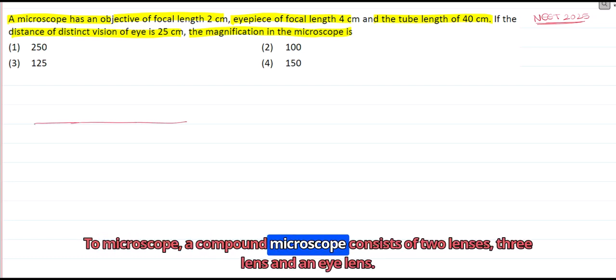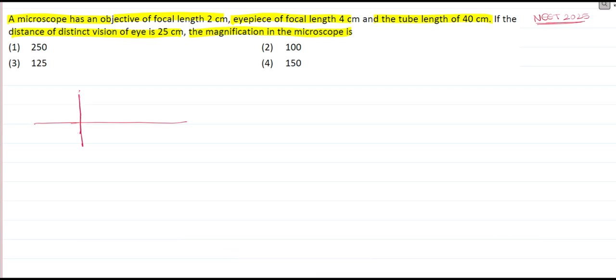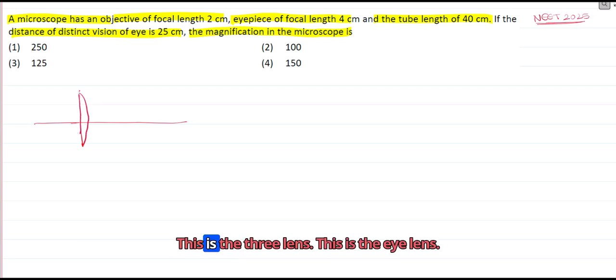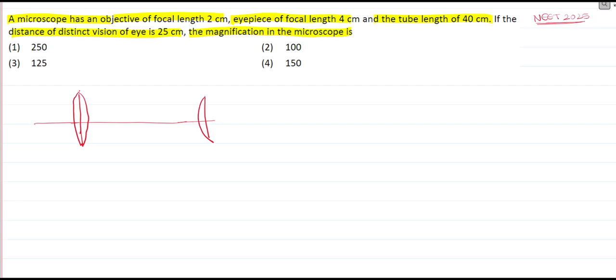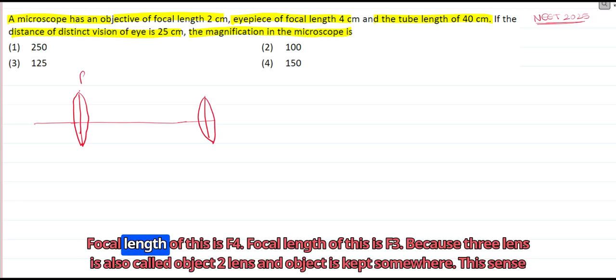A compound microscope consists of two lenses, field lens and eye lens. This is the field lens. This is the eye lens. Focal length of this is FO, focal length of this is FE, because the field lens is also called the objective lens.